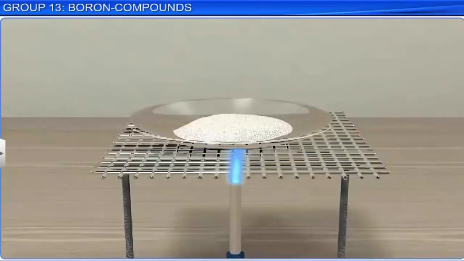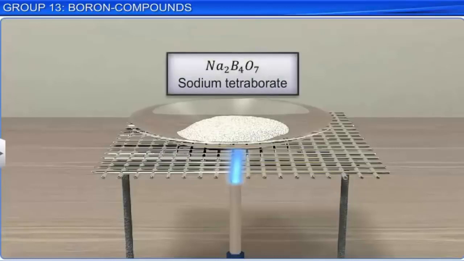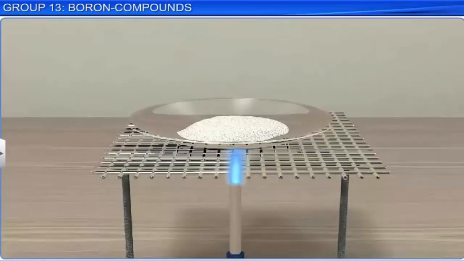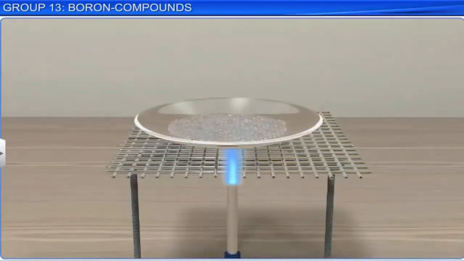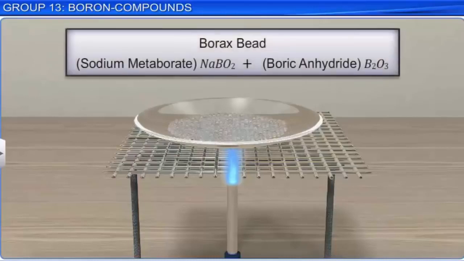The resulting white, opaque mass is anhydrous sodium tetraborate. When the anhydrous sodium tetraborate is further heated, it becomes a transparent liquid. When solidified, this is referred to as borax bead, which contains sodium metaborate, NaBO2, and boric anhydride, B2O3.